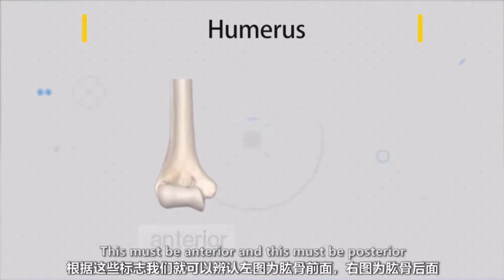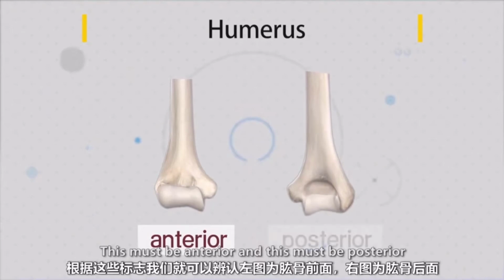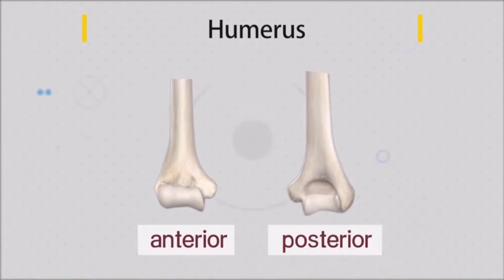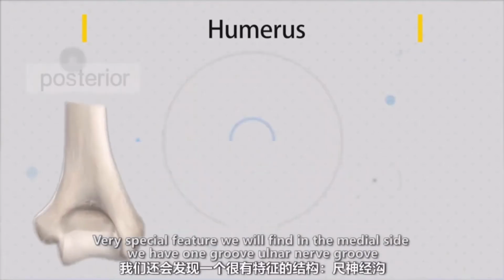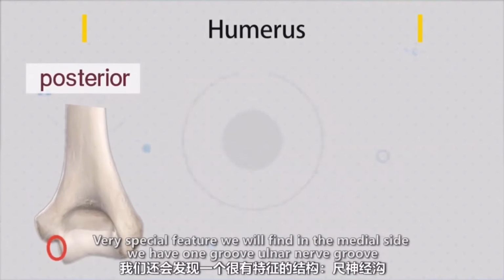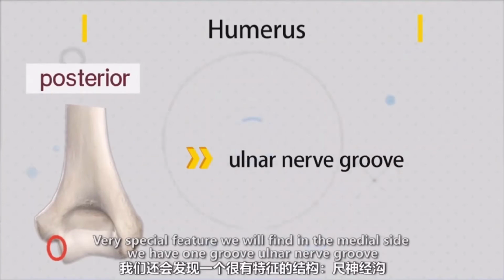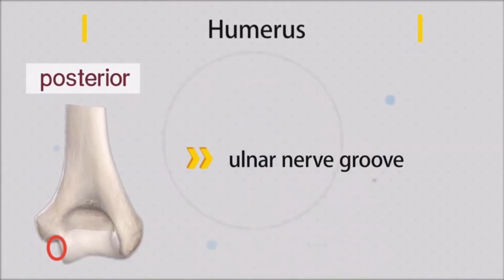This must be anterior and this must be posterior. A very special feature we find on the medial side: one groove, the ulnar nerve groove, here.